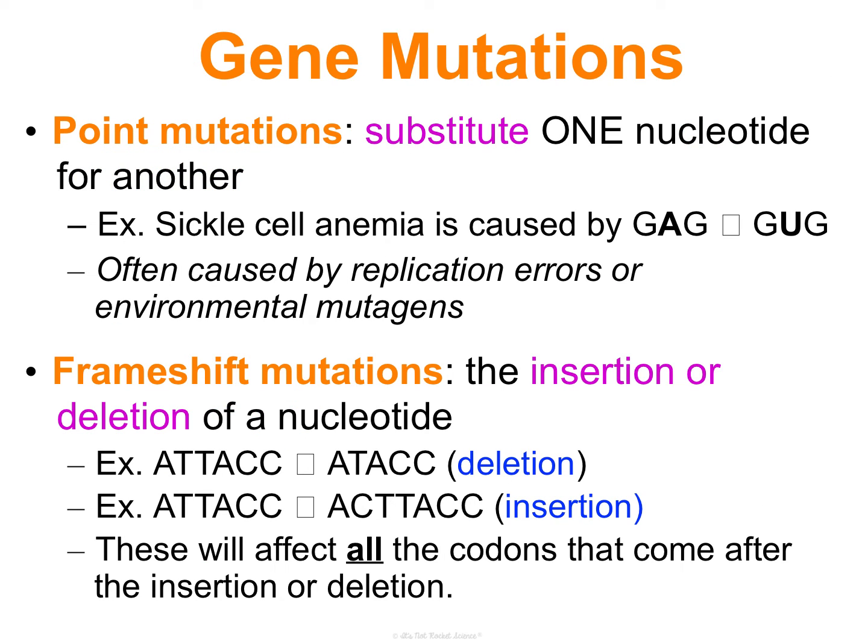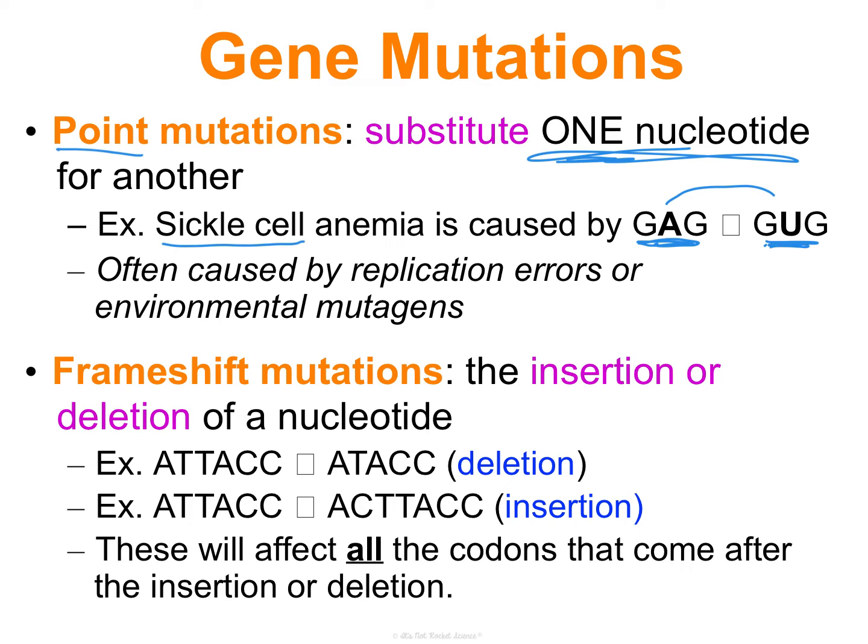Now, when we're talking about gene mutations, we can have a couple of things. We can have what we call a point mutation. That is just one nucleotide that changes. So, for example, in sickle cell anemia, which affects the red blood cells, there is a codon GAG, and what happens is that the A is replaced by a U, making GUG.